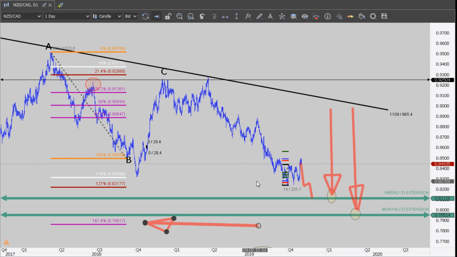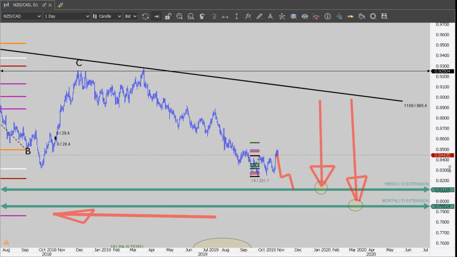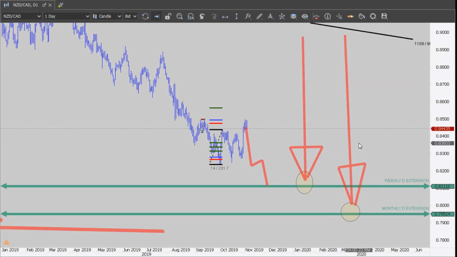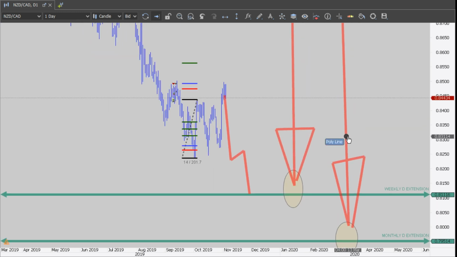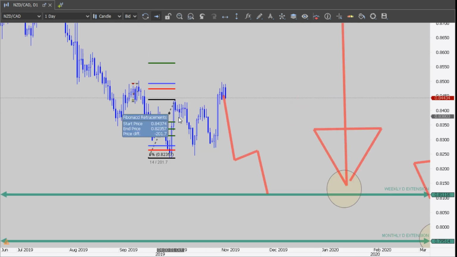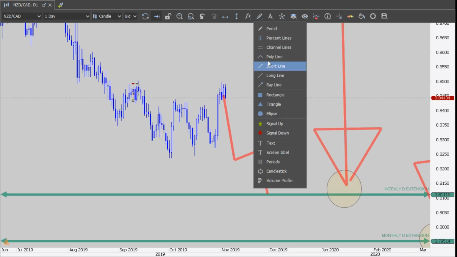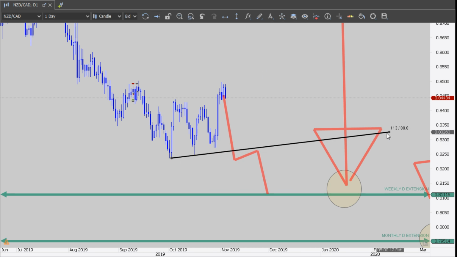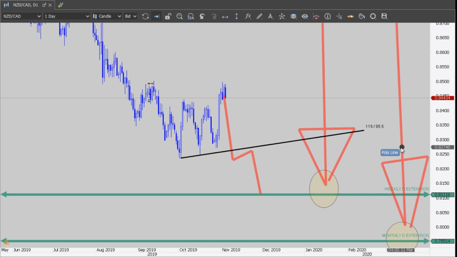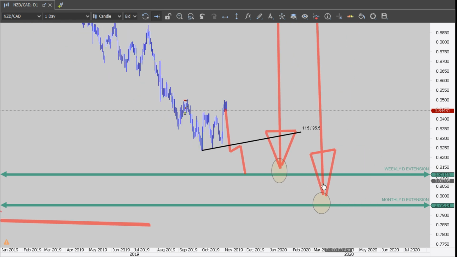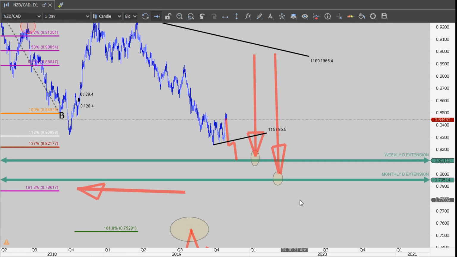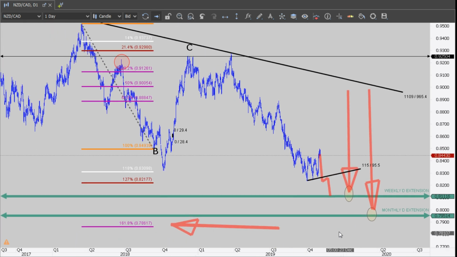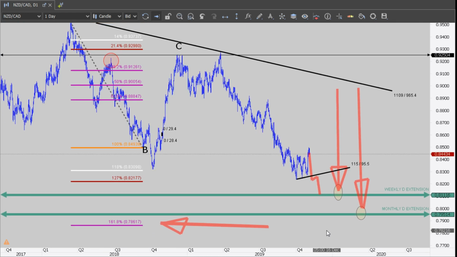So for the ones who are going to short again the NZD CAD on the daily chart, 1 hour chart, 2 hour chart, whatever, for some traders that are going to short, should you profit take at the weekly D extension, or at the monthly D extension, or at the daily D extension, now that you know that the market is going to retrace?